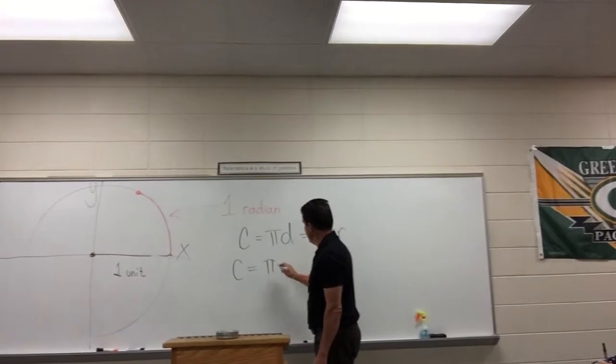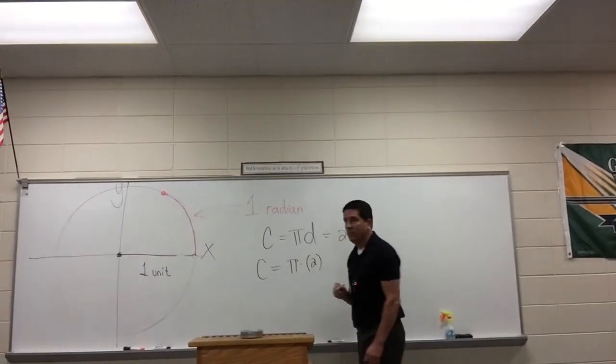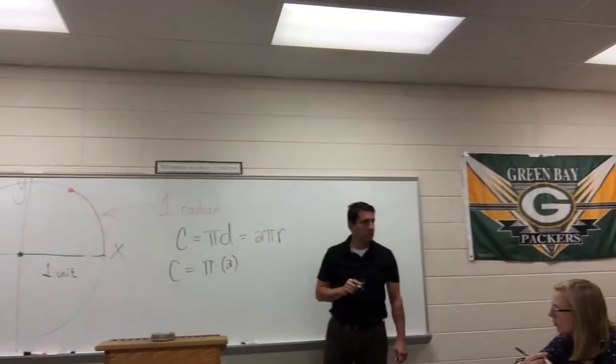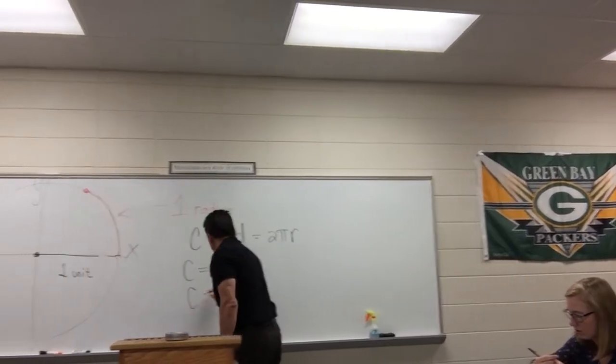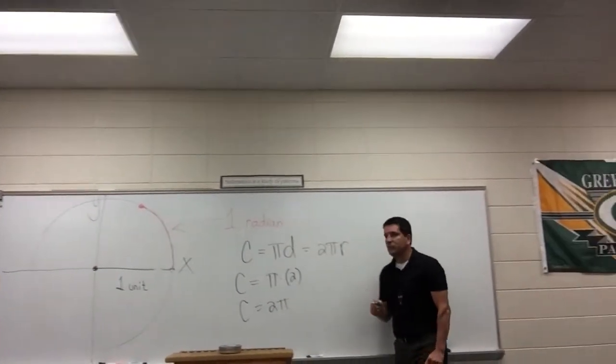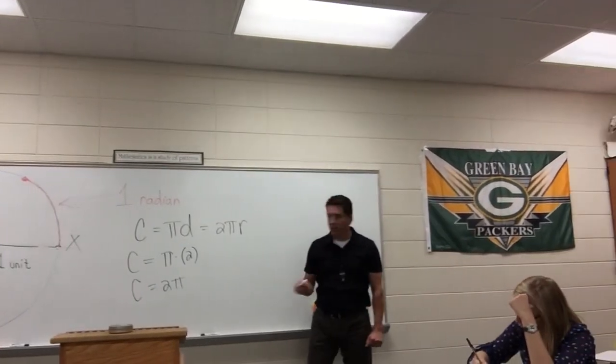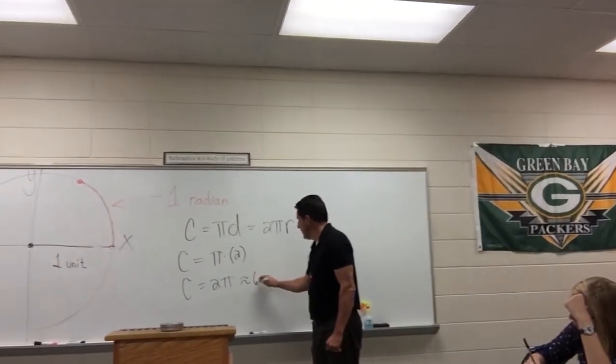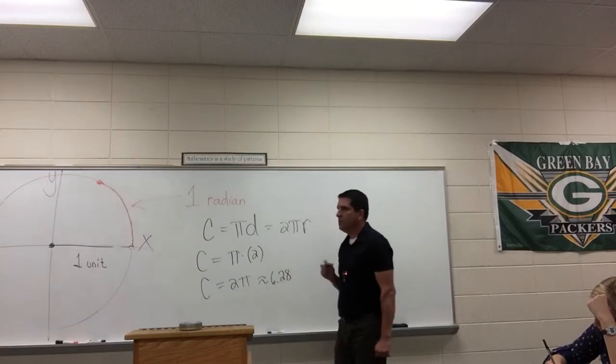It's pi times 2, or equal to 2 pi. So if we go all the way around, it's 2 pi, which we know is somewhere around 6.28. So what are the units?